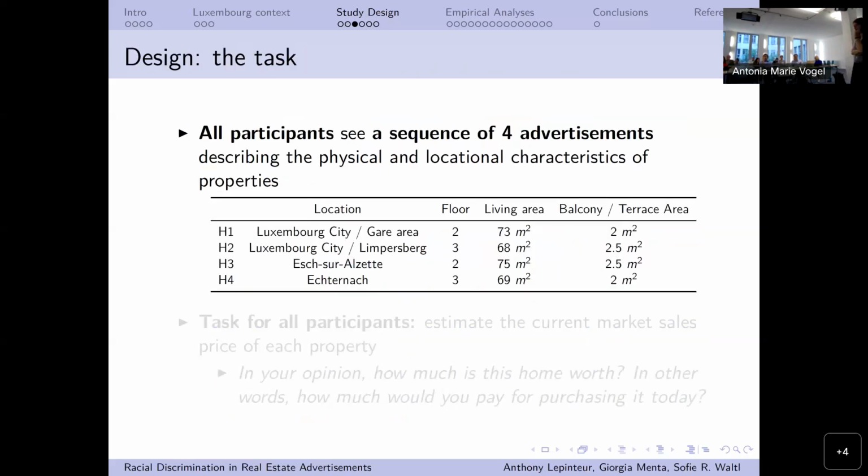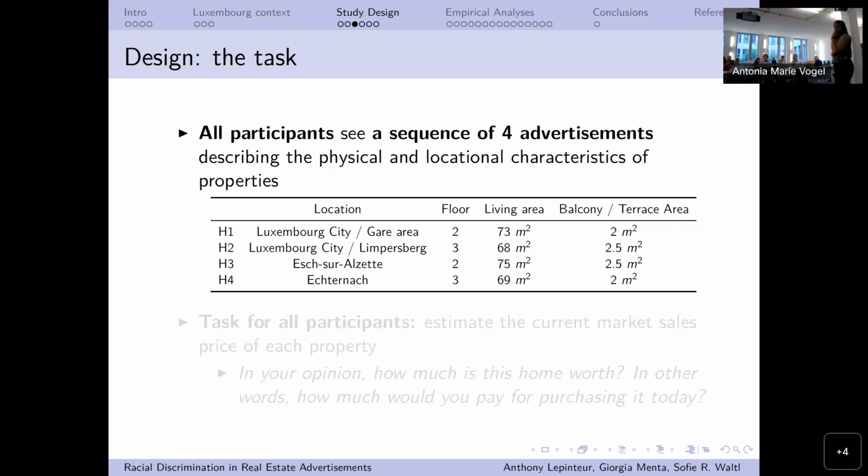Okay, what does the experiment look like? They all see a sequence of 4 advertisements of apartments for sale in Luxembourg. These are our 4 houses, H1 to H4, and they mainly differ in the location. 2 of them are found in Luxembourg City, in a very good residential area and in a not bad, but not that expensive residential area around the railway station.